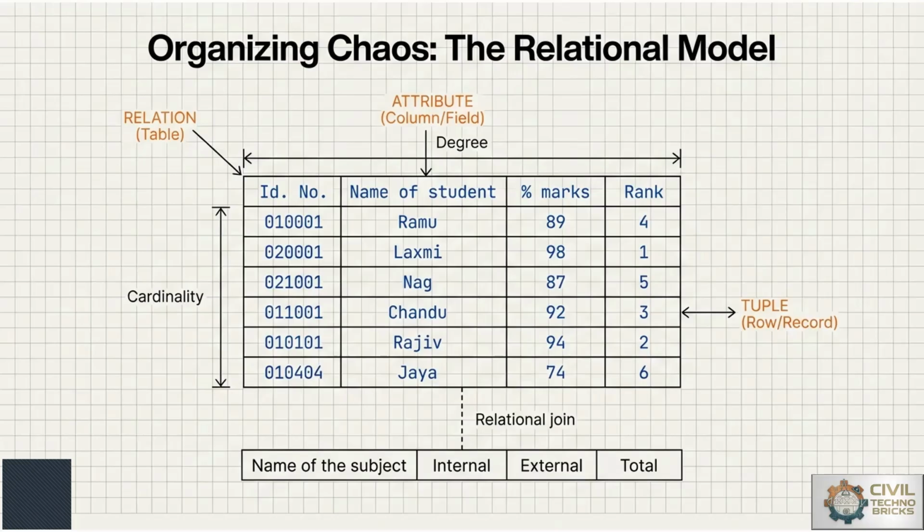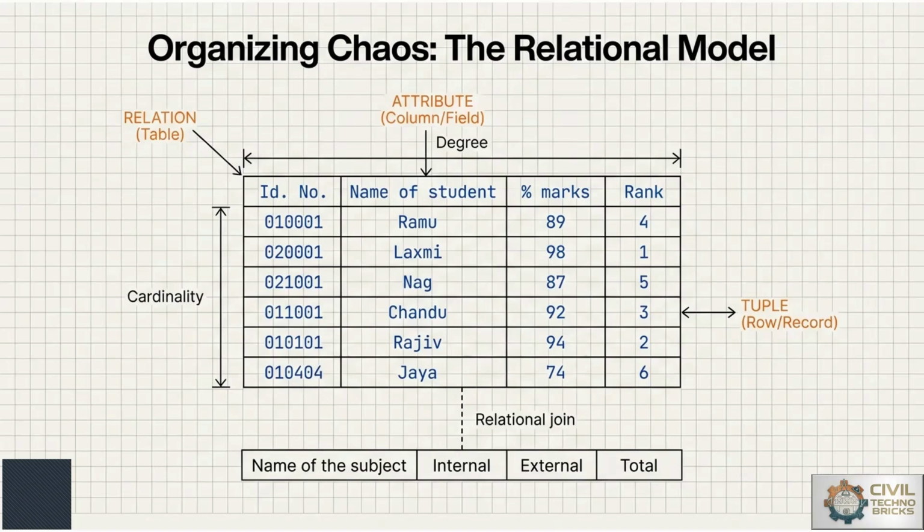Moving towards the relational model. Now, why is the relational model most important in the database management system? Because if we are comparing the data in a table, then there are n number of rows and n number of columns. Columns have some parameters and rows have the list.